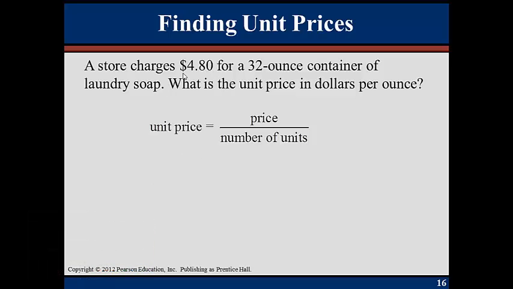So the first number we have is $4.80. So that's up top in our numerator. And then the second number we have is 32-ounce container. So we have 32 ounces. And we must write this as a unit price. So we're going to take our $4.80 and divide it by 32 ounces.